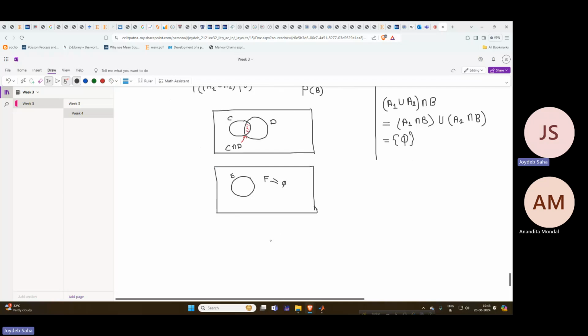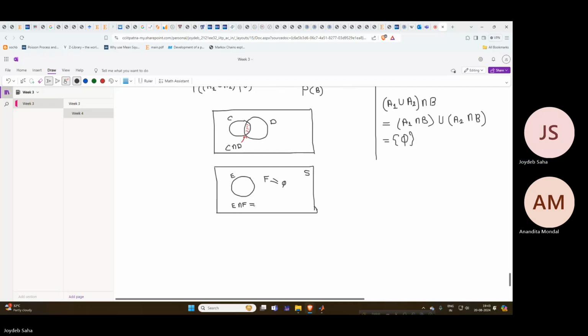Now what will we say? If we intersect E and F, where F has no area in the sample space, F is empty, then which area will we get for E intersection F?